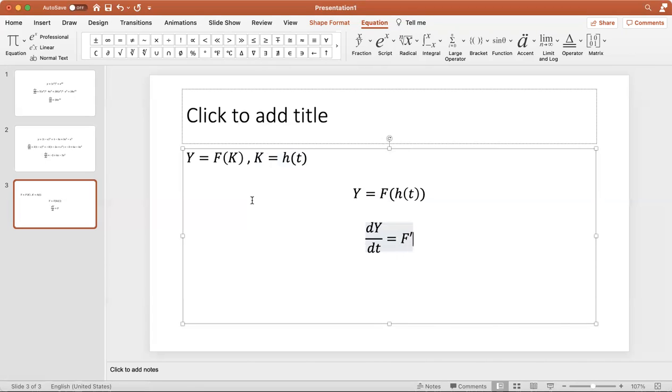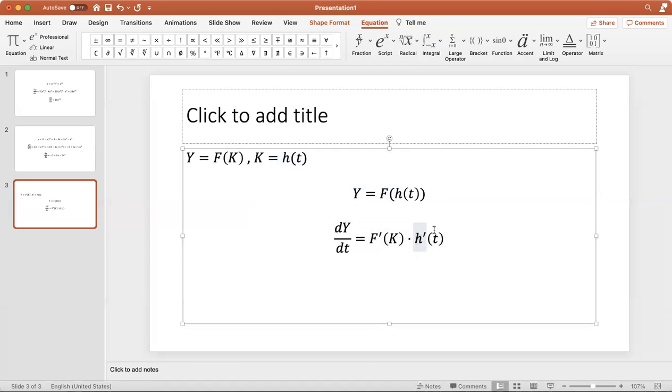So it's going to be the derivative of the outer function, f prime of K, times the derivative of capital.